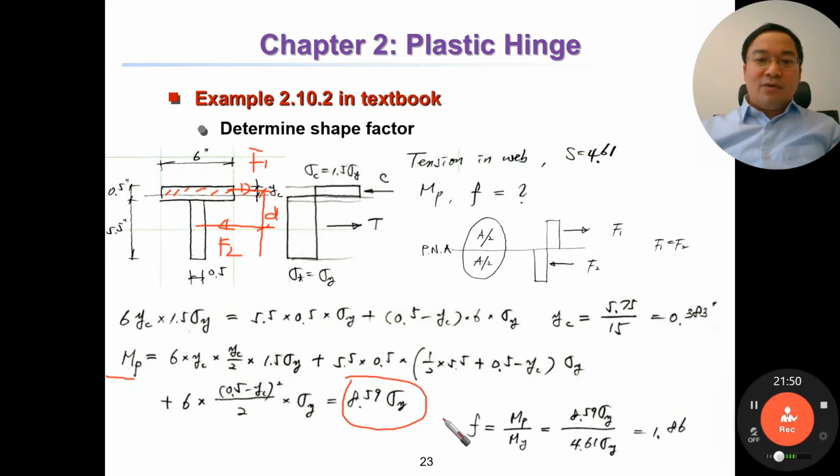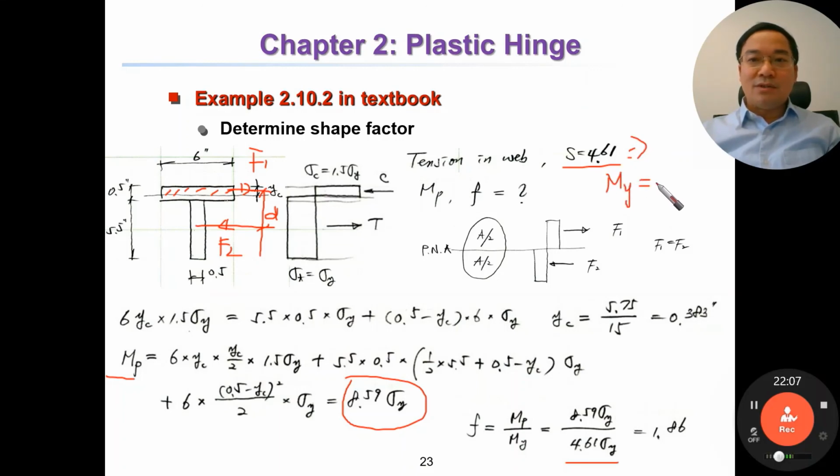And finally, we have F equal to Mp over My. You already know My equal to sigma Y multiplied by S. Okay, My equal to S multiplied by sigma Y is here, and this is Mp.